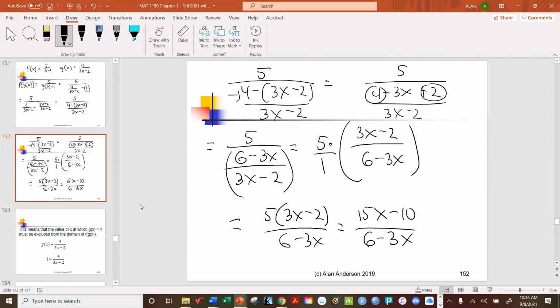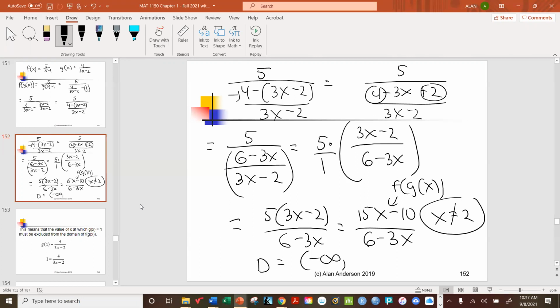Well, you can see that f of g of x, which is what this is, cannot allow x equal to 2. Because if I do have a 2 in here, I'll end up with division by 0. So the domain of this f of g of x is all the reals except for 2.